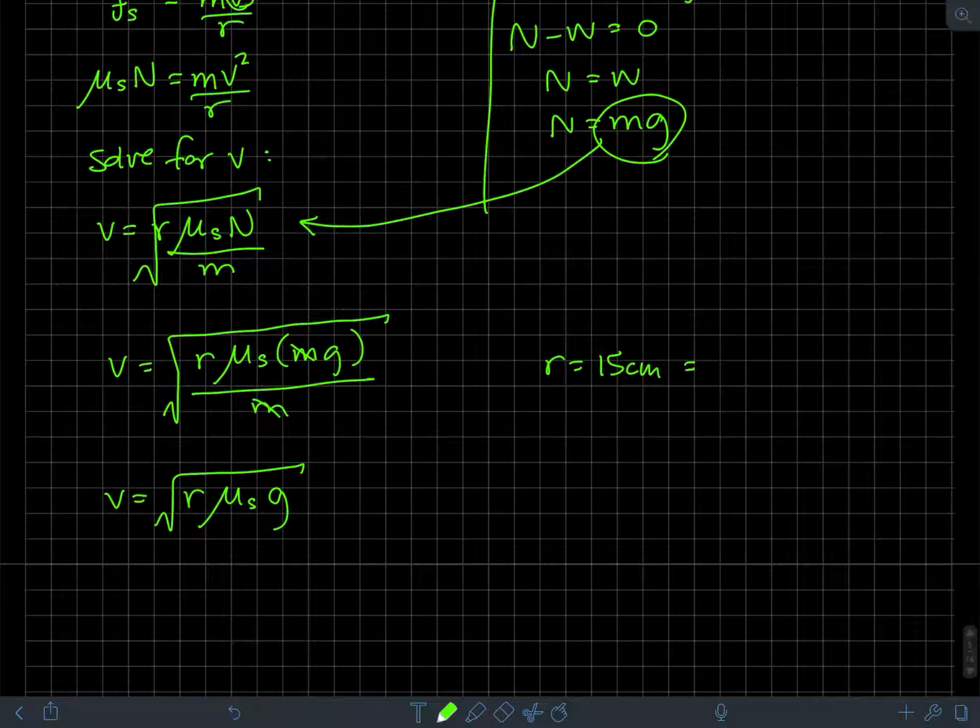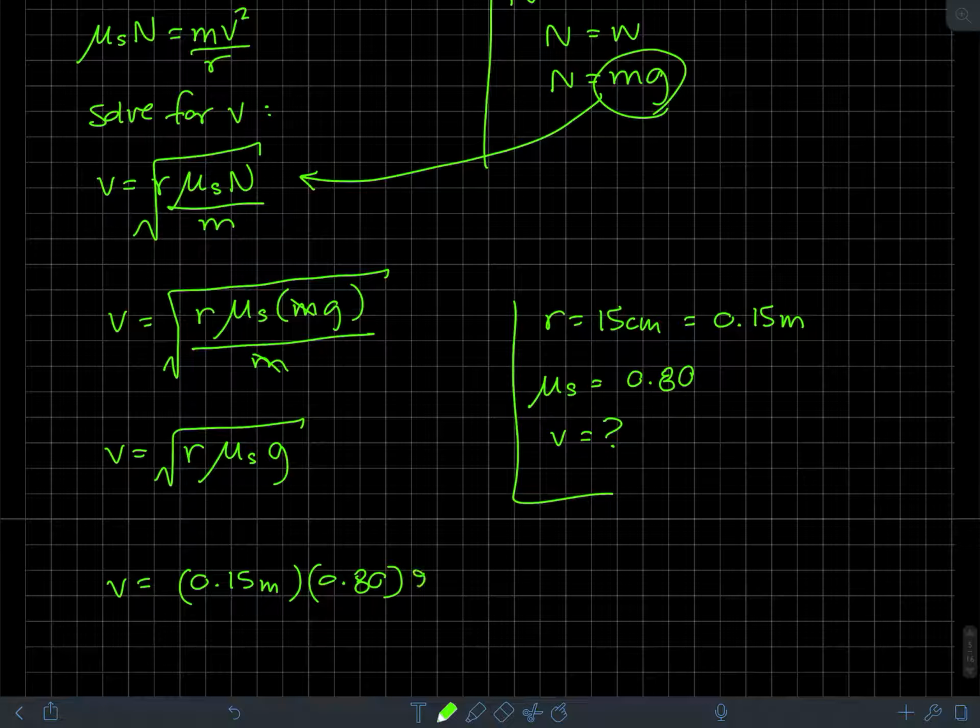Okay, let's convert that to meters. All right, mu s. Let's see what the static coefficient is up here. And it says that it's 0.80. Okay, so then we can figure out what v is. That's going to be 0.15 meters, mu s is 0.8, and then gravity acceleration.